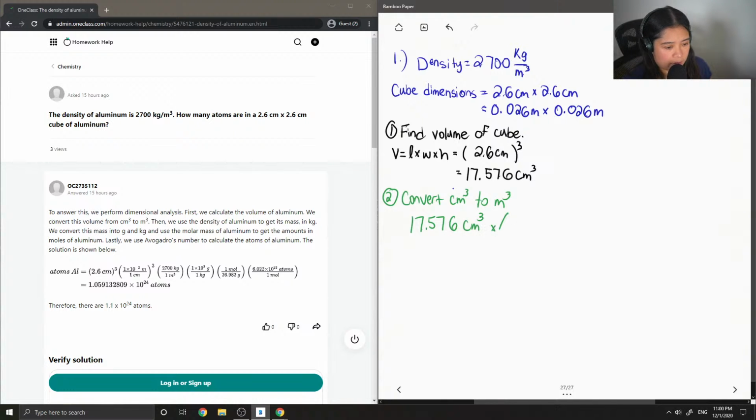If you remember the conversion factor, there is 0.01 meters in 1 centimeter, and then this whole thing will be cubed. And this gives us a value of 1.758 times 10 to the negative 5 meters cubed.